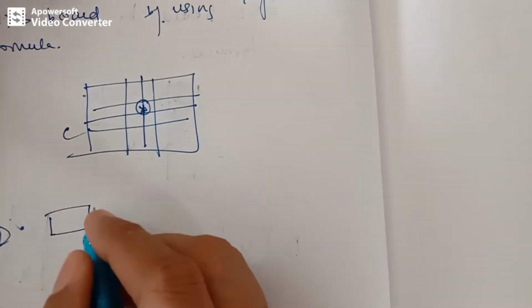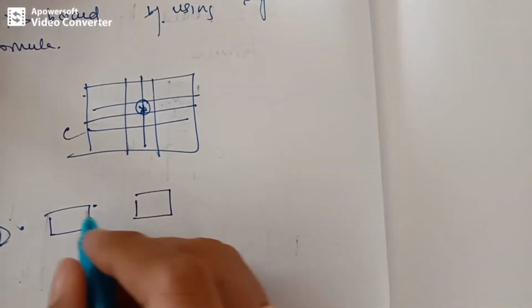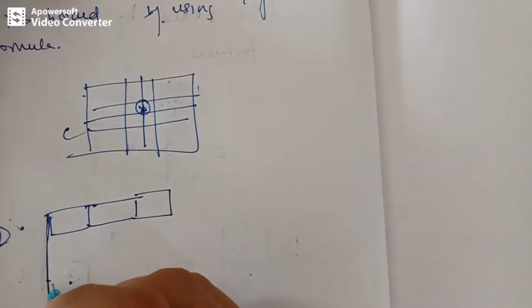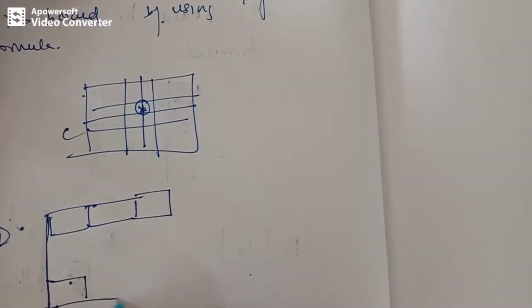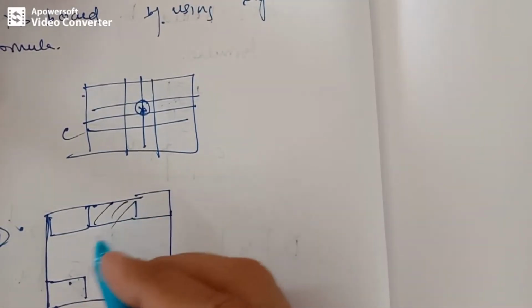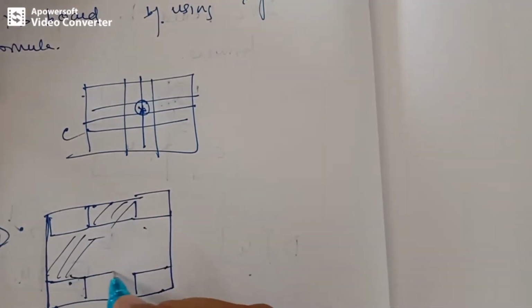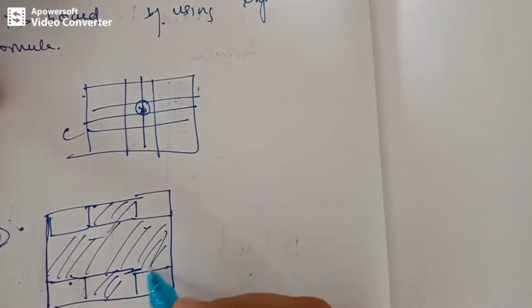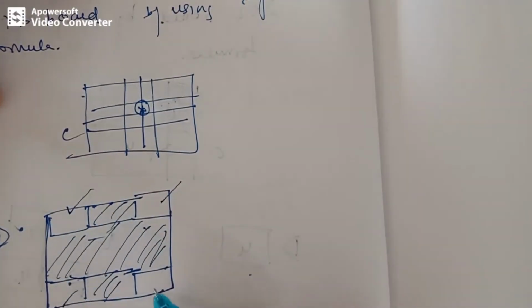So what we'll be getting is just the squares on the side. So this is what we are getting. We are not getting even this one. Okay. So how many squares are there? 1, 2, 3, 4.